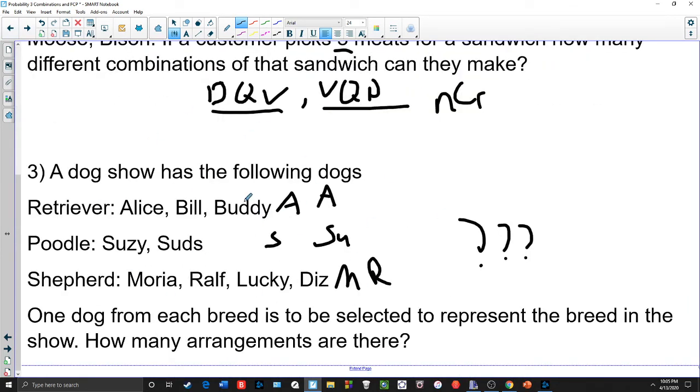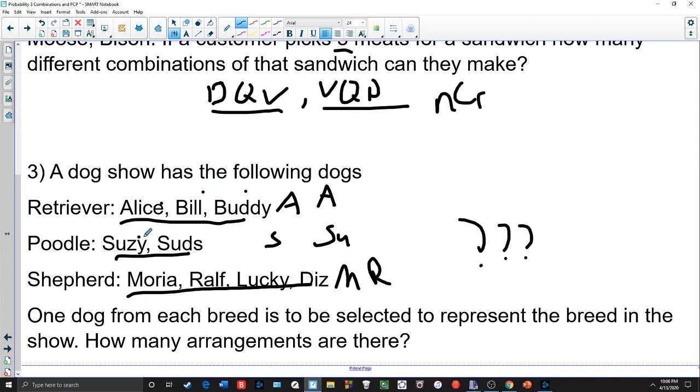It is a combinations question, but you'd say, okay, I'm going to choose 1 from these 3, 1 from these 2, and 1 from these 4, and then multiply them together. That's actually a relatively simple problem, because if you're picking 1 from 3, how many different ways can you pick one thing from 3 things? Well, there's 3. I can choose Alice, Bill, or Buddy. So that's 3 different ways.